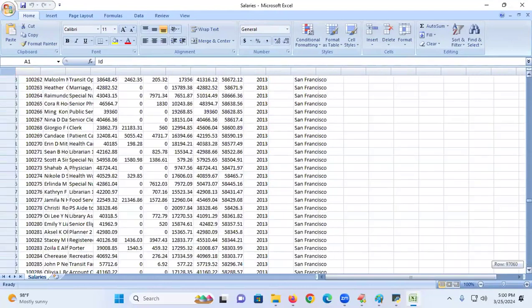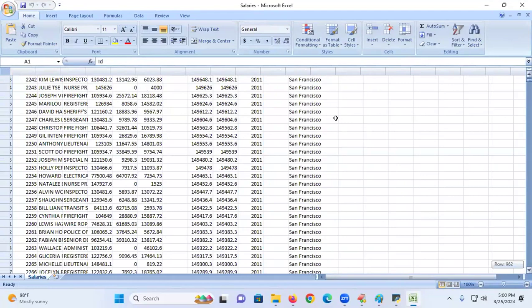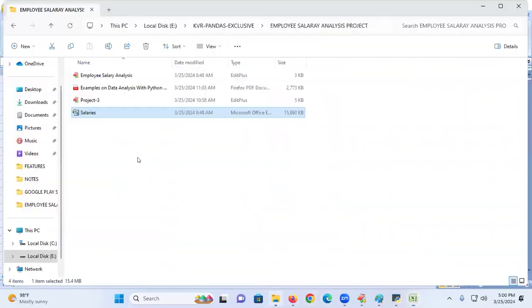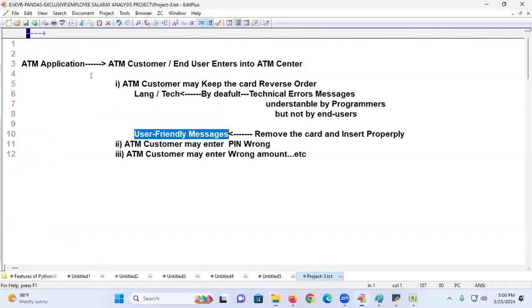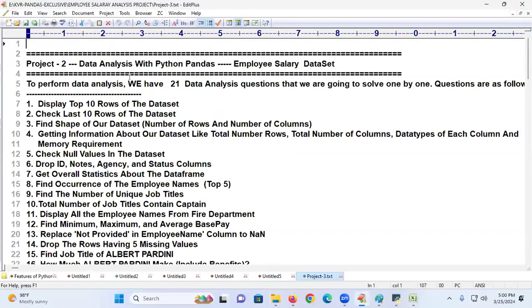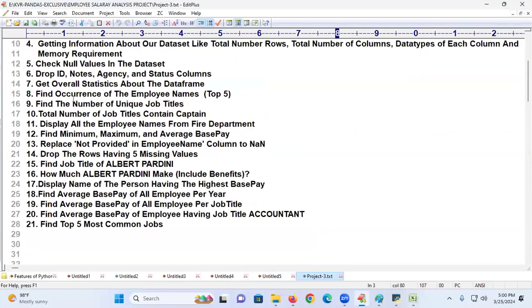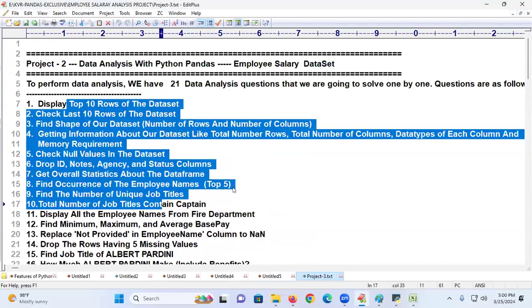That analysis project, you see on the top of it, this is an Excel sheet actually. When I go to the project questionnaire, how the projects will be in real time they are asking, this is project number 2. Data analysis with Python pandas, employee salary data set. How to answer this? This is one of the topmost things companies ask regularly at the project level.